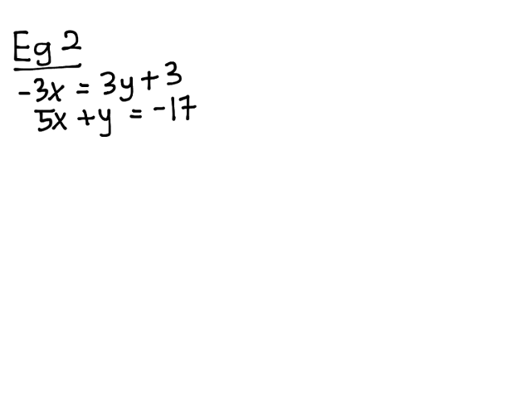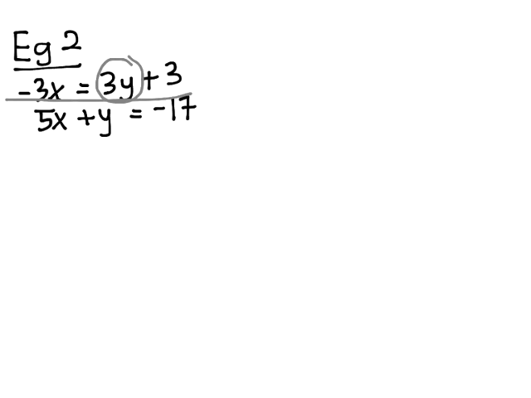So first thing, we need to make sure both of our equations are in the standard form. So we look at the first equation given to us. The first equation is not in the standard form, because we have 3y on the right side. So we need to move this 3y to the left side to put it in standard form.